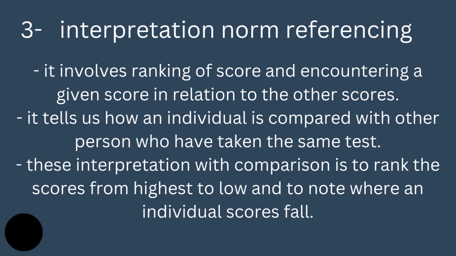This means that a lot of people attend a test, and when they get scores, their scores are compared. This interpretation with comparison is to rank the scores from highest to low and to note where an individual falls. So all scores are arranged from high to low, and then they find out in which category or rank the individual score falls.